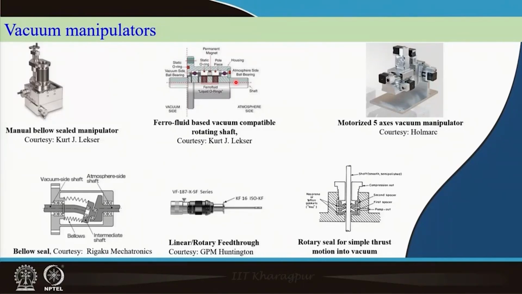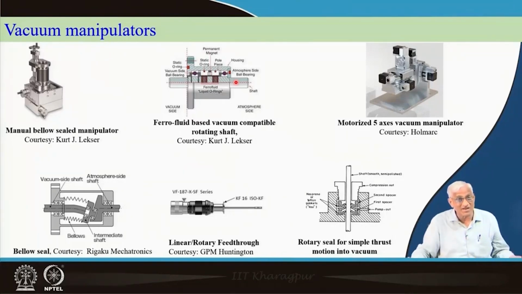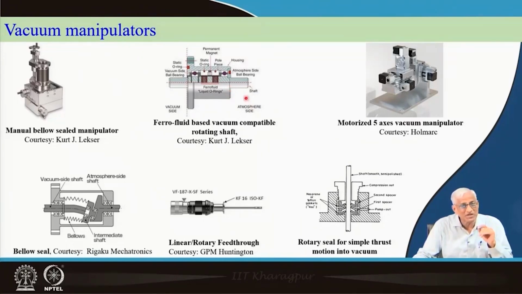The liquid is pressing radially. These are called ferrofluid seals. This side you have very high vacuum, this side is atmosphere. Well, for lack of time, it will be difficult for me to explain, but it is a beautiful piece of equipment. You can just see on Wikipedia, ferrofluid vacuum seals for UHV.